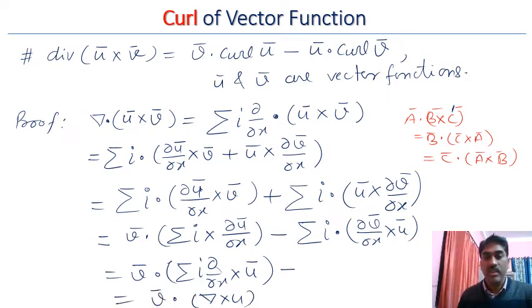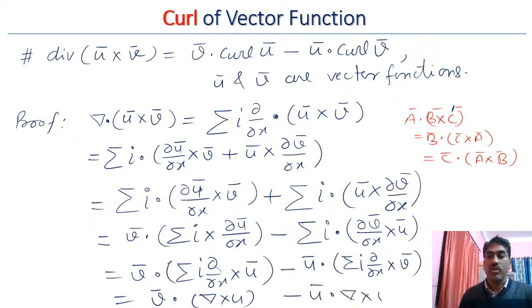Now similarly, in the second form, we will obtain u dot sigma i del by del x cross v, and this has become u dot del cross v.